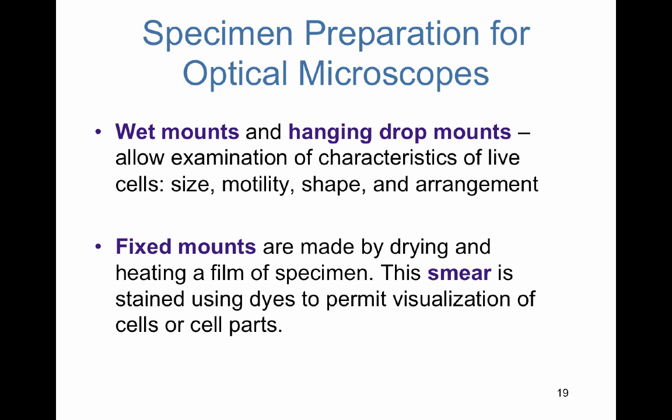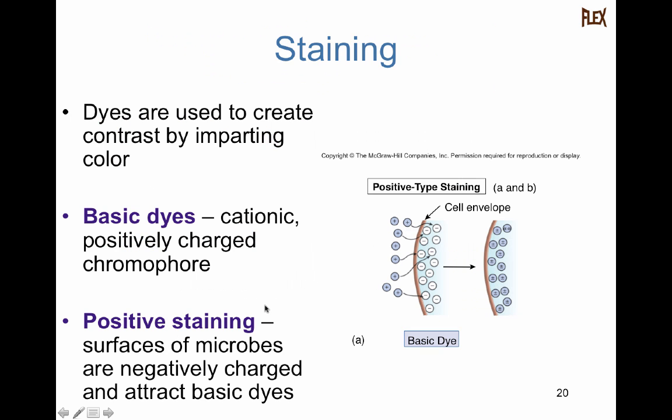So I'm going to go over all of the different stains that exist. There are two major groups of stains here: either a positive stain or a negative stain. I would remember that for a positive stain, these are basic, meaning that they have a positively charged chromophore attached to them.